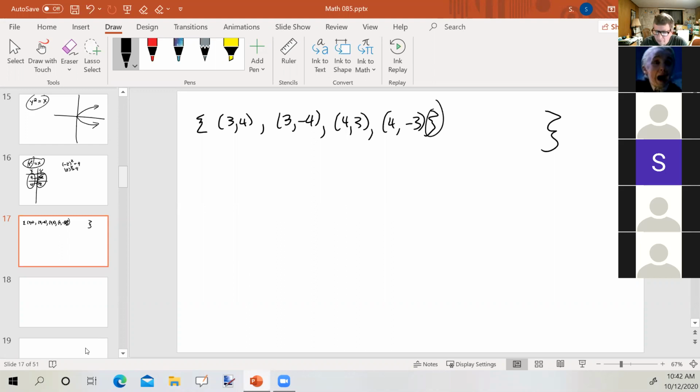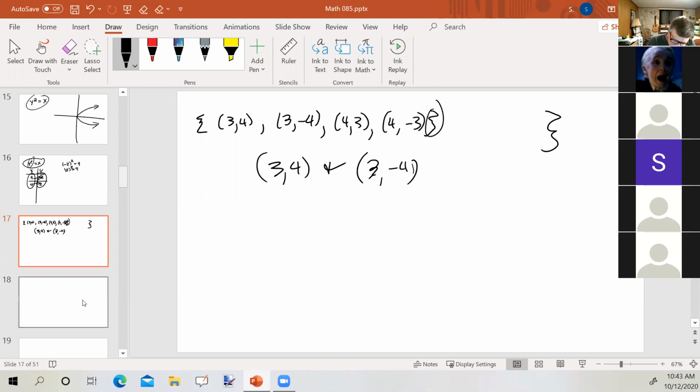It is not. Why not? Can you give me 2 ordered pair examples to show that it's not a function? Yeah, (3, 4) and (3, -4). And why does that show that it's not a function? Because the 3 can't have 2 different outputs. Sorry, not exponents, outputs. No, that's all right.